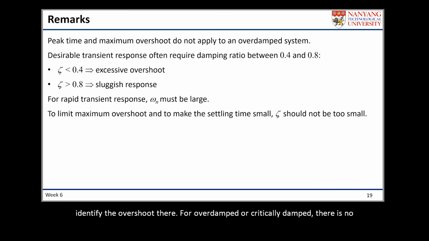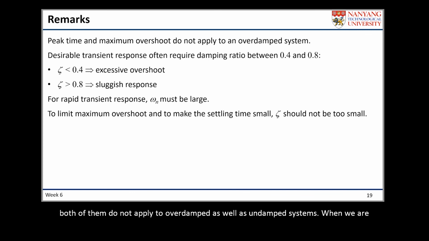For overdamped or critically damped, there is no overshoot, there is no oscillation. So peak time and maximum overshoot, both of them do not apply to overdamped as well as undamped systems.